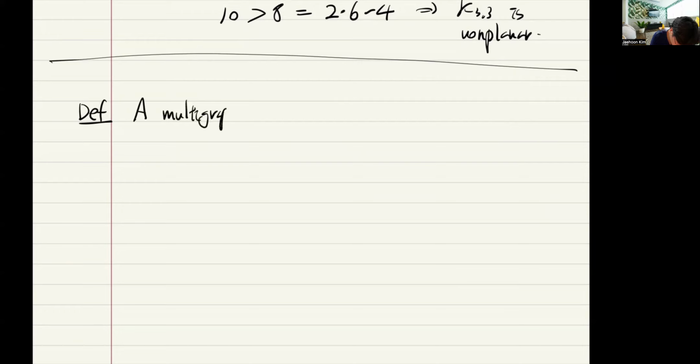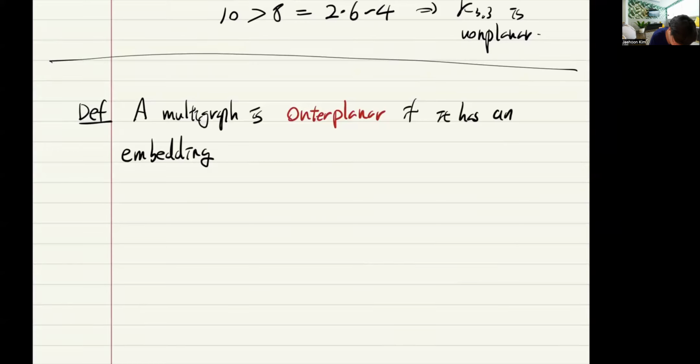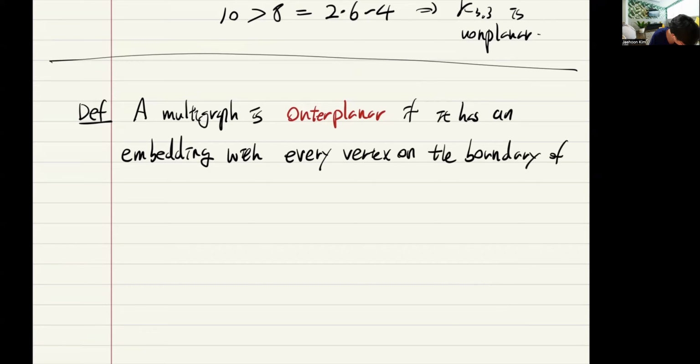A multigraph is outerplanar if it has an embedding with every vertex on the boundary of the unbounded face.